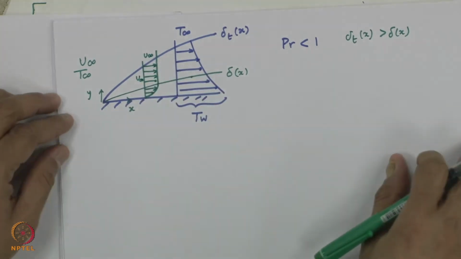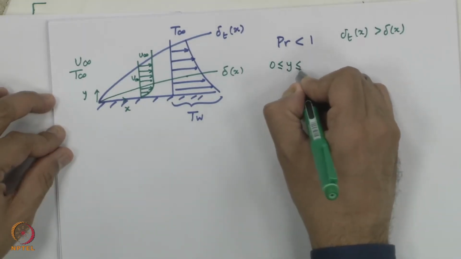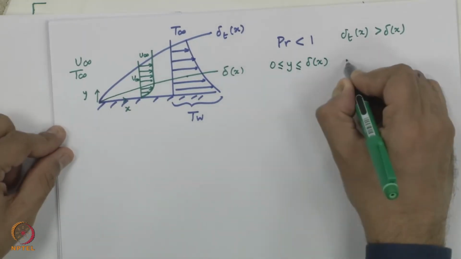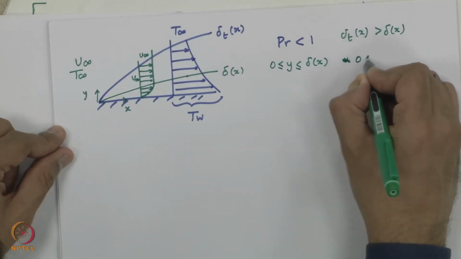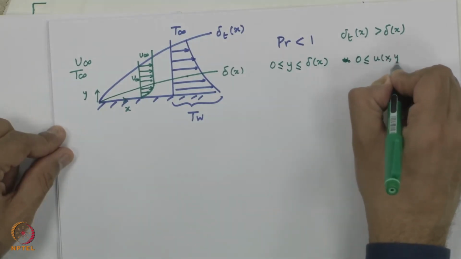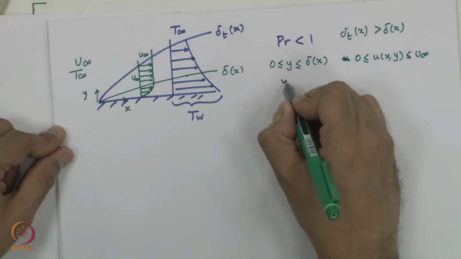So if I have to write similarly, 0 less than y less than or equal to delta x, U is going to vary between 0 and U infinity.